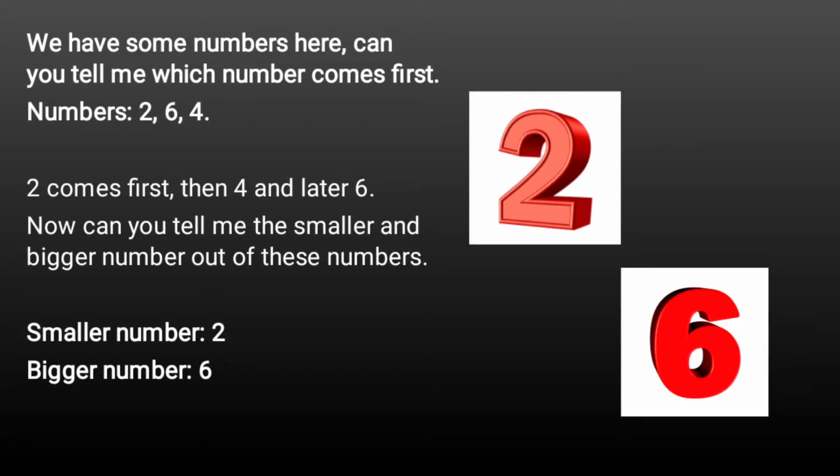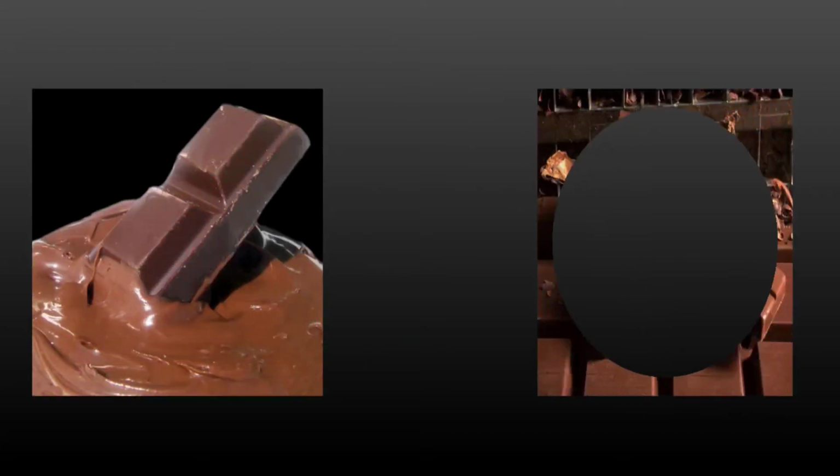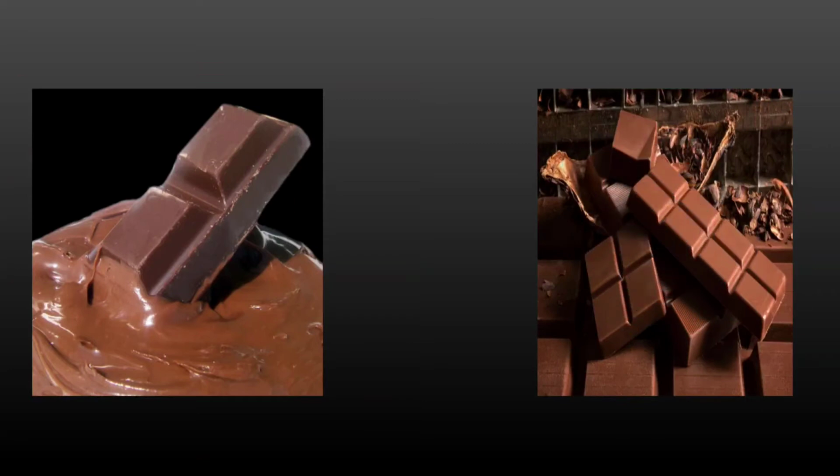By understanding this, we further get into this topic where I will show you some chocolates and you have to identify what you would like to have. Here we have two pictures of the chocolate. On the left hand side we have two pieces of chocolate dipped into melting chocolate, and on the right hand side we have bars of chocolate kept.